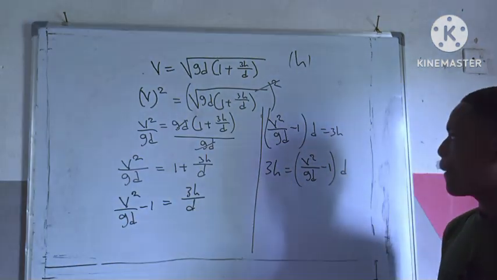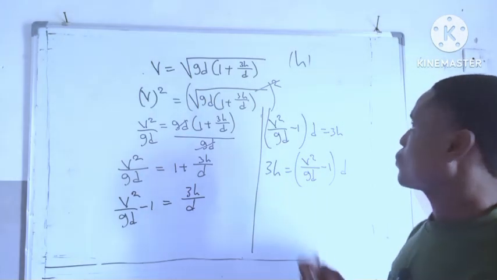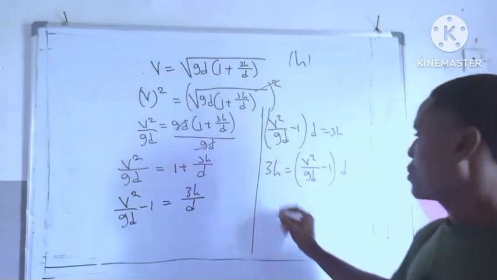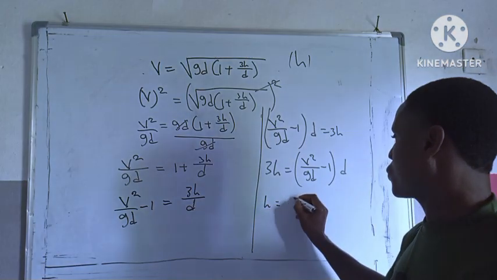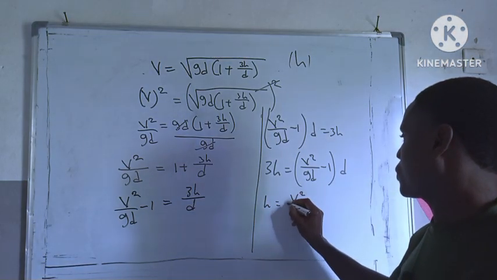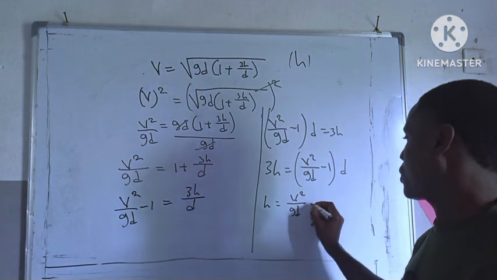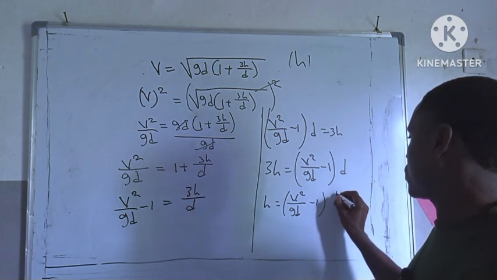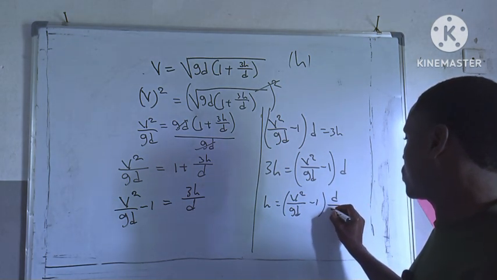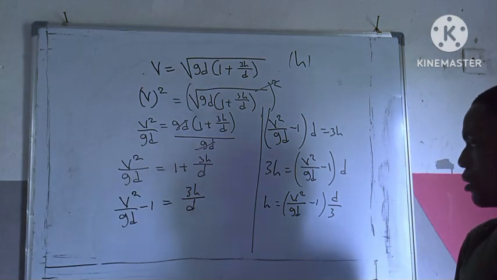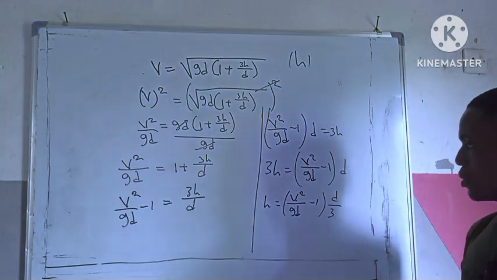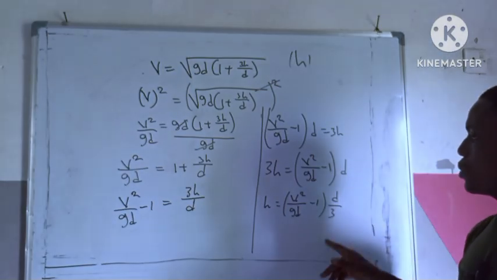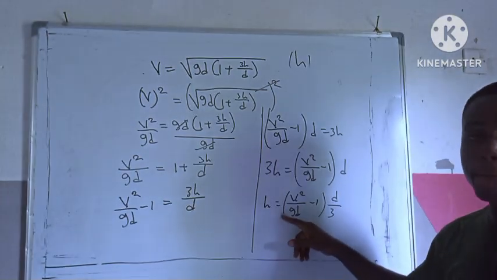Since we are asked to make h the subject of the formula, h equals (v squared all over gd minus 1) times d all over 3. This is the answer.